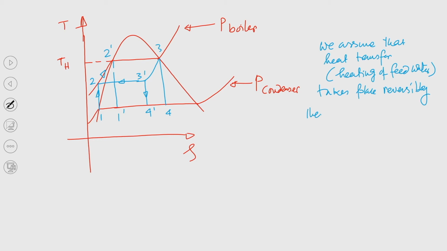Then T2 will be equal to T3 prime and T2 prime will be equal to T3. So, this is very important to understand. If we assume that the heat transfer takes place reversibly, then these two temperatures will be equal, and in that case the path followed by steam and water will be exactly equal.